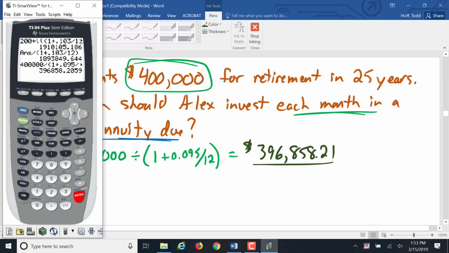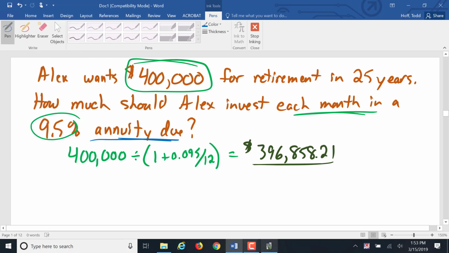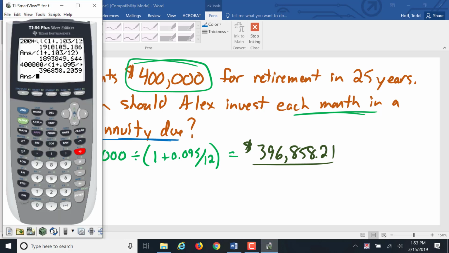Now you'll notice I didn't clear my calculator. I'm going to leave that in my calculator, and when I enter it, I'm just going to go ahead and hit divide, and so it uses that previous answer so I don't have to re-enter it. So I don't lose that information in rounding off.